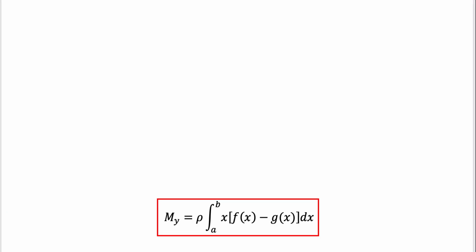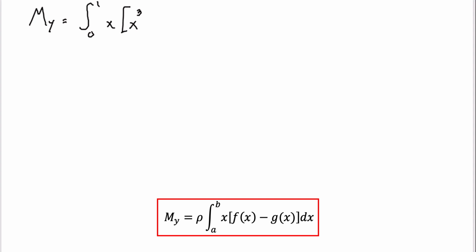Next, we'll find our moments. Let's first find the moment about the y-axis. Rho, again, is 1. The first integral, 0 to 1. x times f of x is x cubed minus g of x.